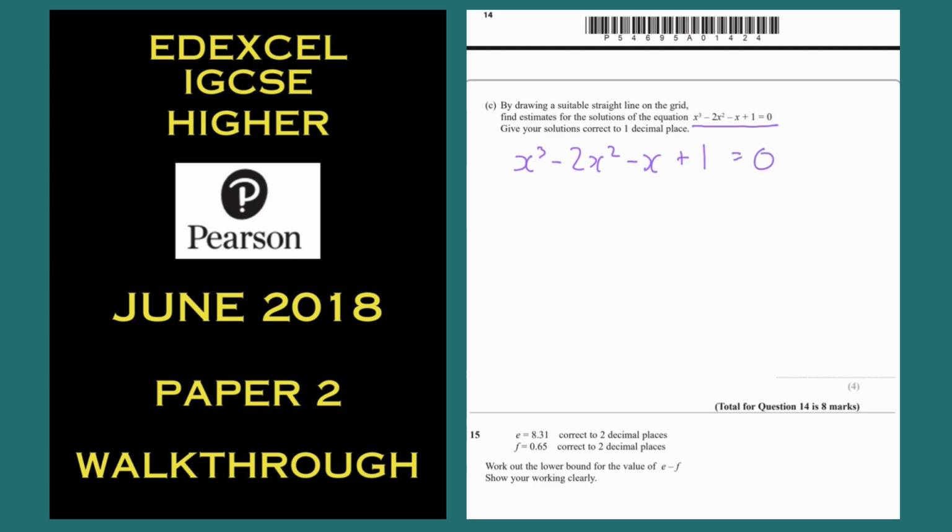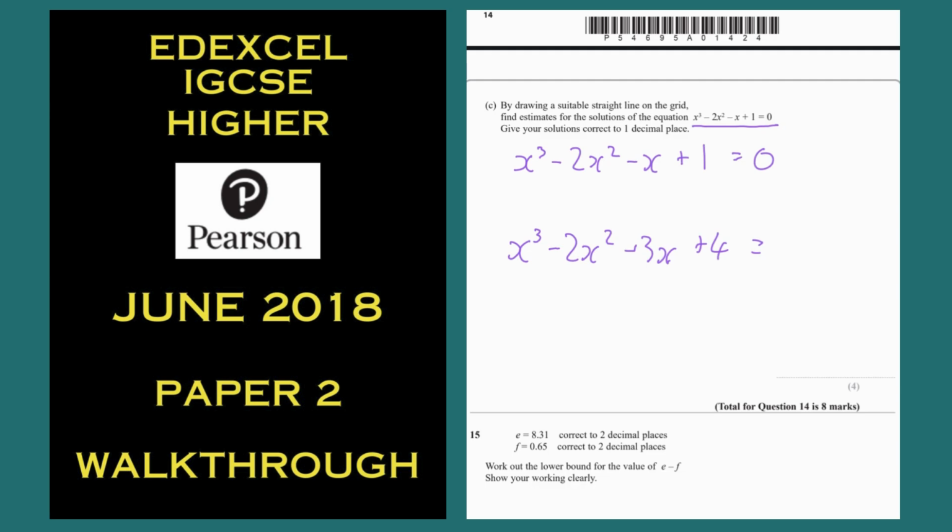If you compare the graph that we've drawn, down here, 2x squared minus 3x plus 4, it's not quite the same, but they're definitely similar.